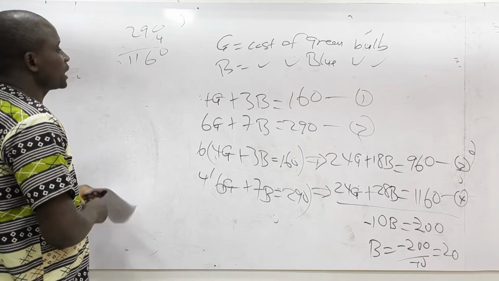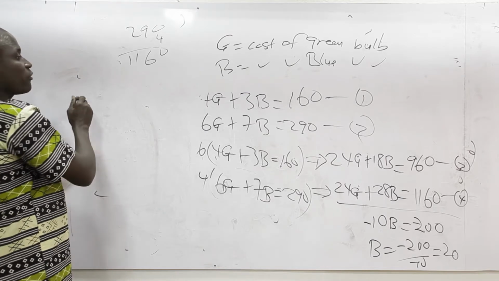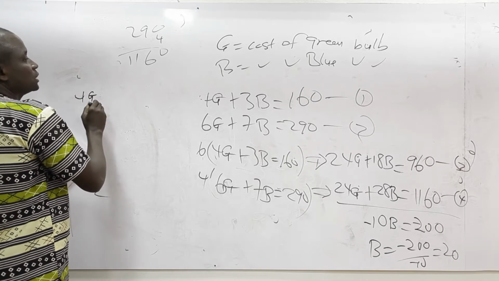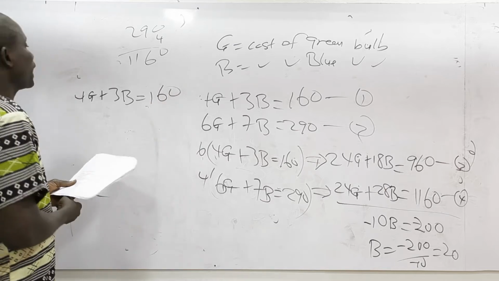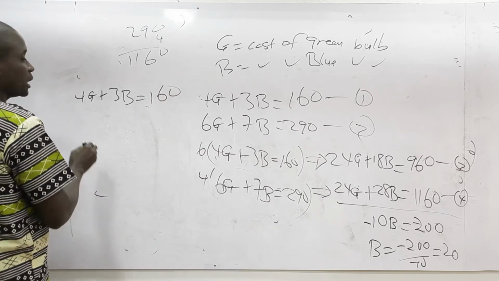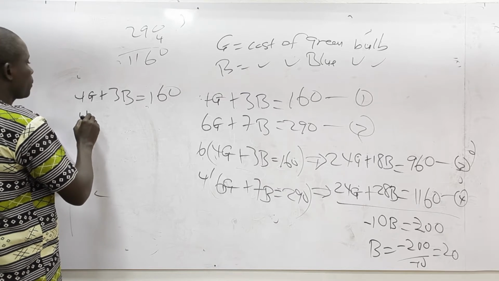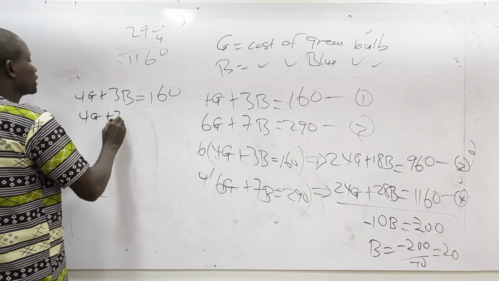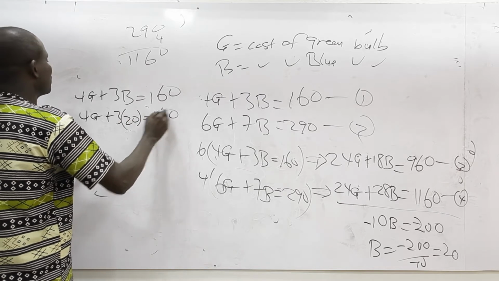What about the green? The green also, we have 4G plus 3B is equal to 160. We put 20 there for B, so it becomes 4G plus 3 times 20 is equal to 160.